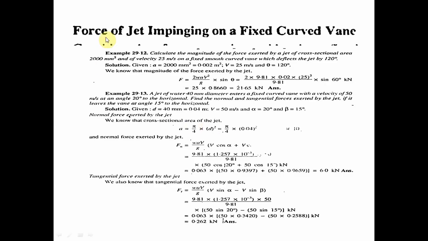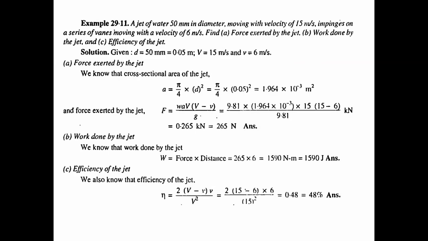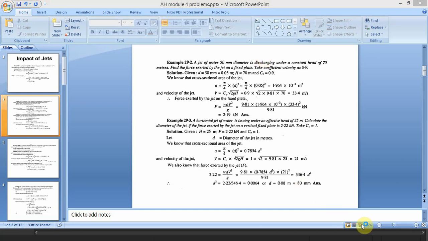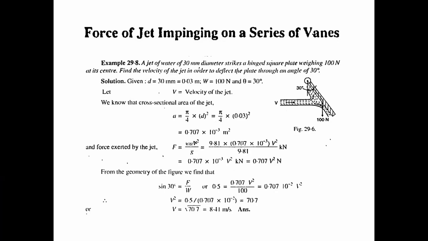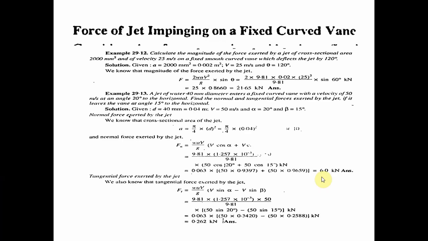So lastly, force exerted by the jet impinging on a fixed curved vane. Calculate the magnitude of the force exerted by a jet of cross-sectional area of 2000 mm square and velocity of 25 meters per second on a fixed smooth curved vane which deflects the jet by 120 degrees.